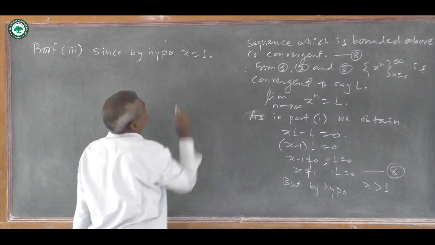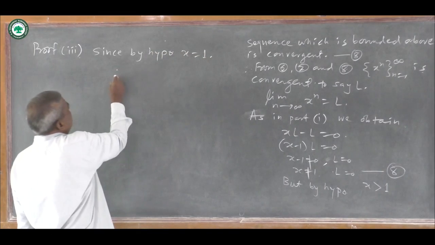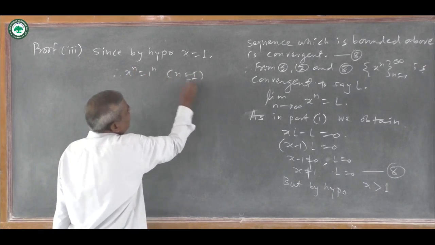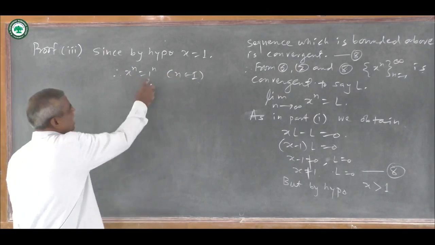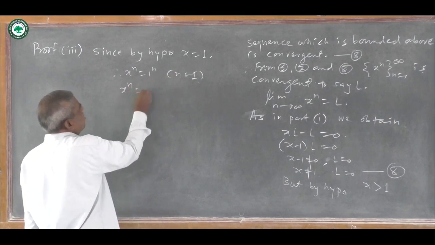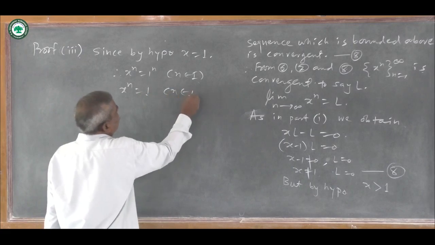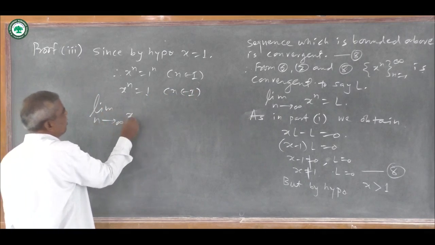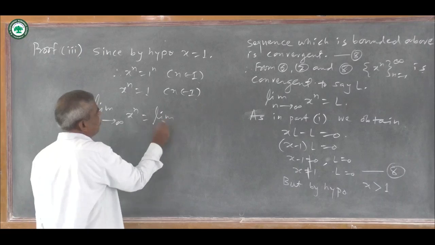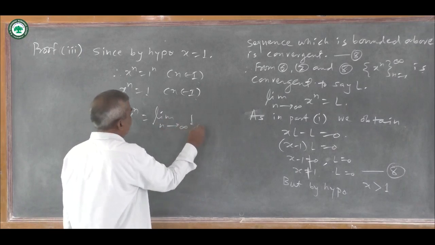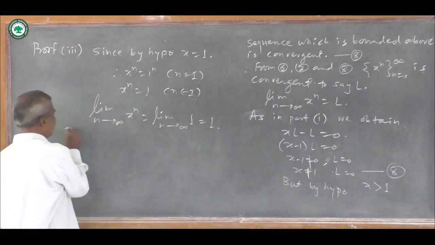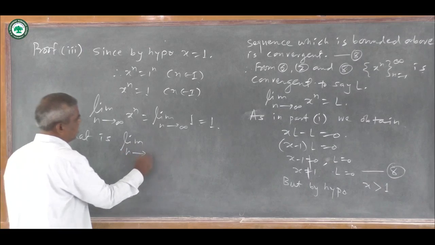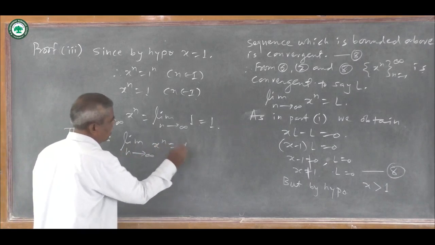Therefore, taking nth power on both the sides, x raised to n is equal to 1 raised to n, which is 1, for every n belongs to I. Taking limit on both the sides, limit n tends to infinity of x raised to n is equal to limit n tends to infinity of 1, which is equal to 1.